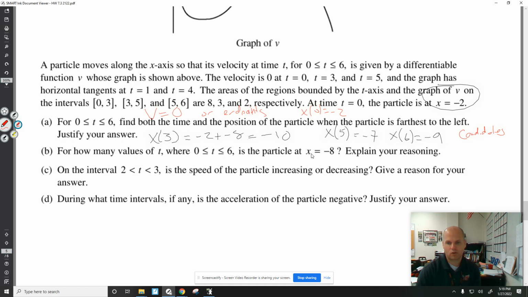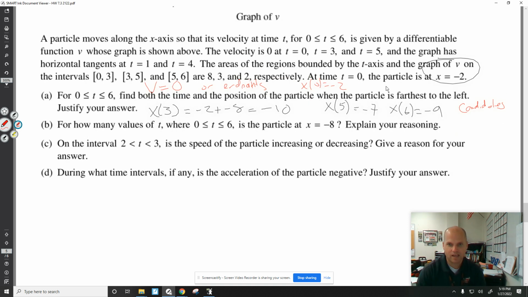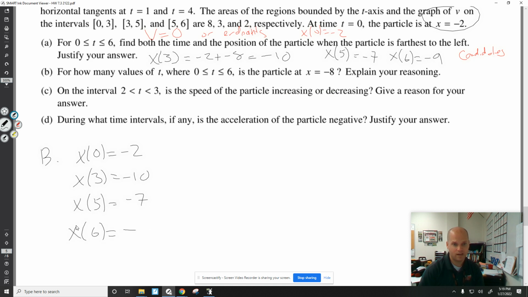All right, well, how many times is the particle at -8? Well, if x of 0 is -2, if x of 3 is -10, if x of 5 is -7, and x of 6 is -9, and your velocities are consistent in their sign, which means we're moving left, we're moving right, we're moving left, in between these values, then we're going to have to cross -8 once, twice, 3 times.